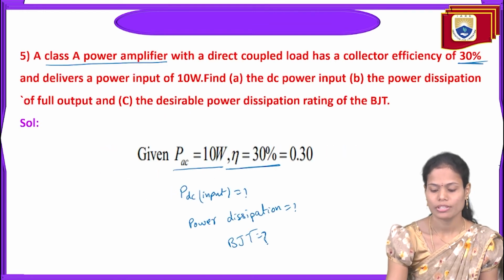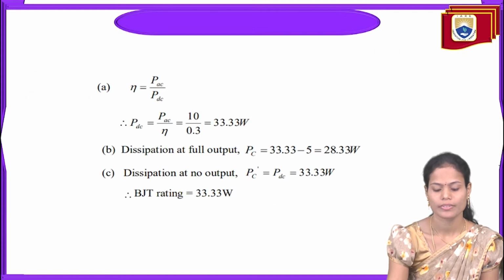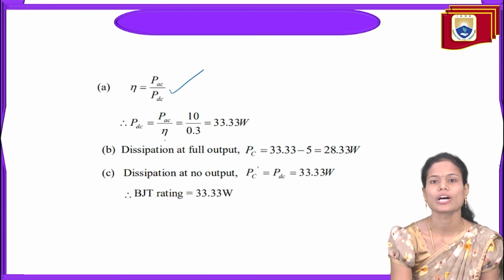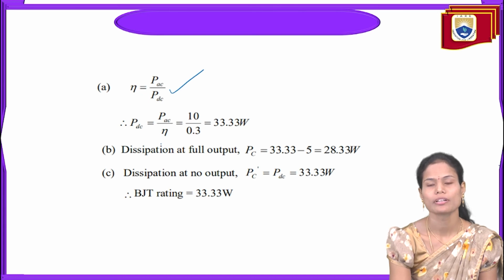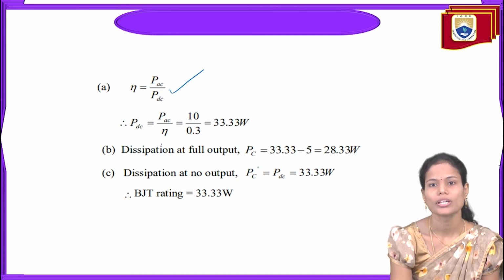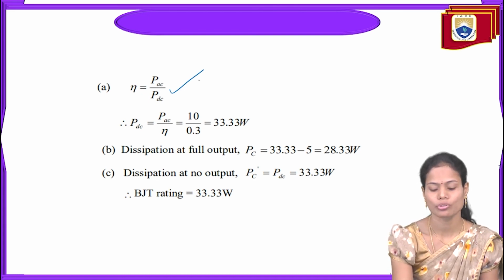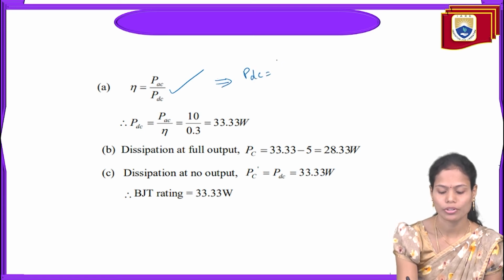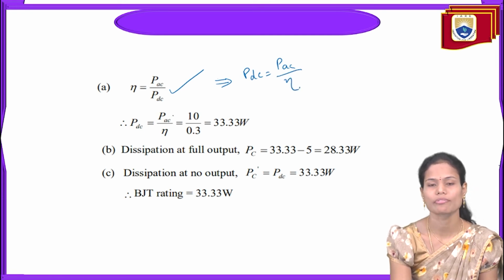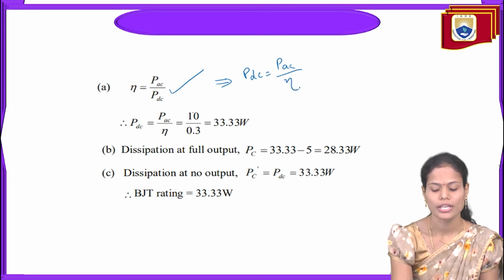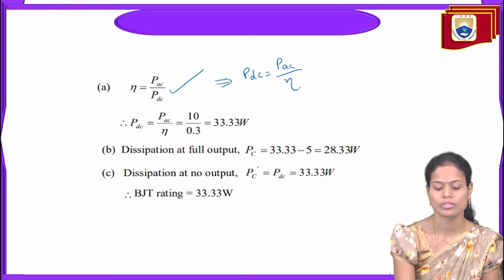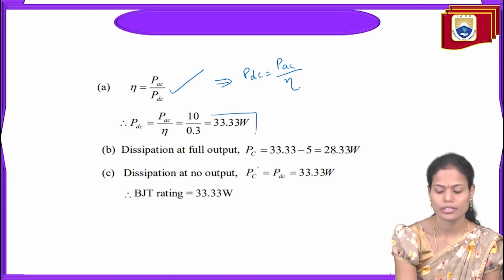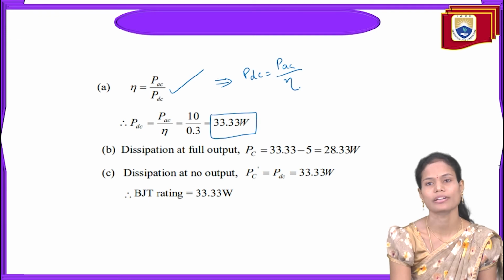So here the first one we need to calculate is the efficiency, that is output power by input power. Here we don't know the value of DC power. So to calculate the DC power, I am writing PDC equal to PAC by efficiency. Here we have the values of AC power as well as efficiency. If we substitute the two values, we will get the DC power as 33.33 watts here.